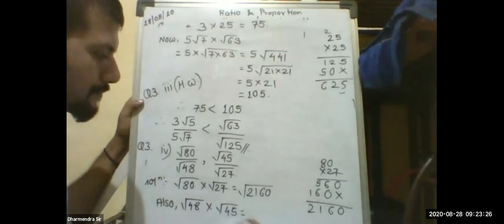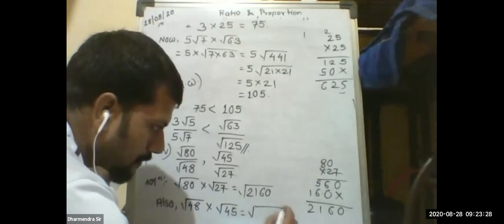Next, also root of 48 into root of 45. If you multiply, you will see that you are getting the same number. Please check.